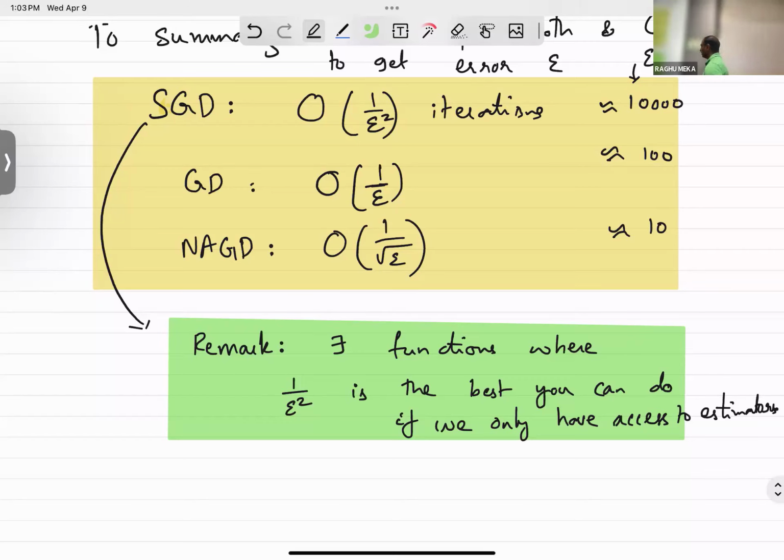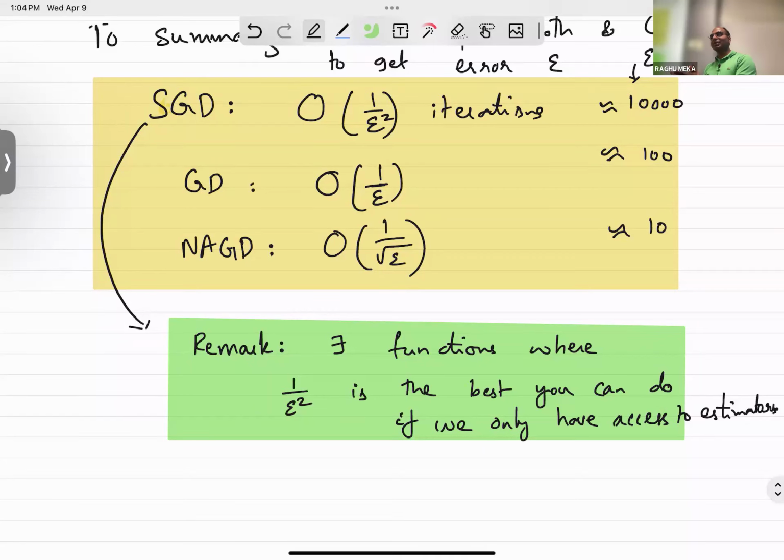If you only have access to estimators, then the rate of SGD is the best you can get in general. In practice, people try momentum and it does give you some help. But as I said, for something like NAGD, you have to be much more conservative when there is noise, right? Momentum just means that you're adding up all of the previous gradients.